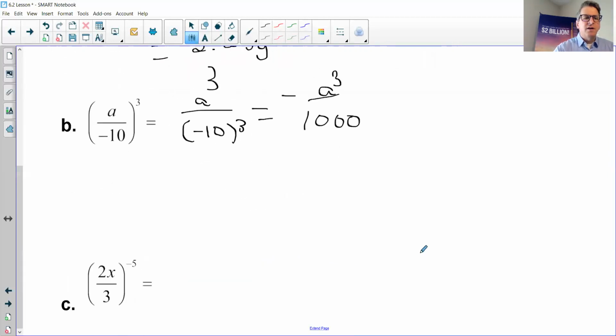Letter C, 2x divided by 3 all raised to the negative 5 property. So what this is, you're going to take the 2 and the x and raise that to the negative 5, and you're going to raise the 3 to the negative 5.